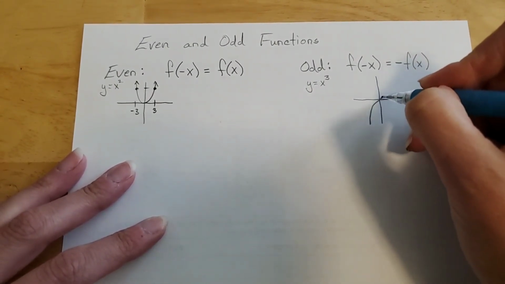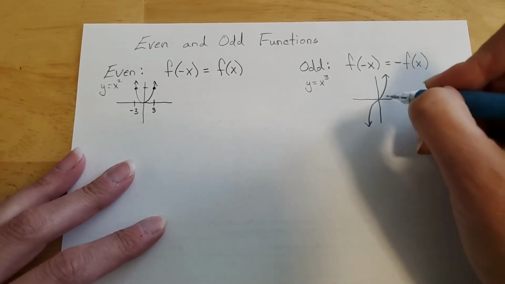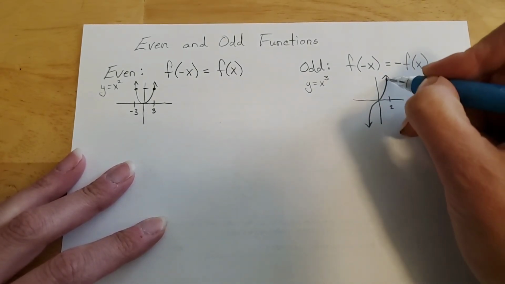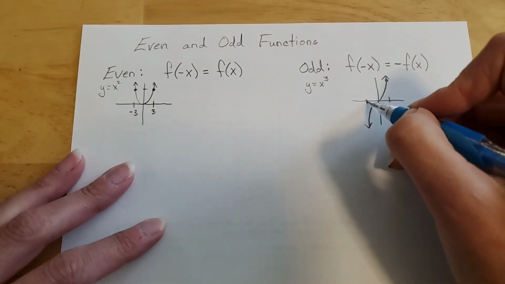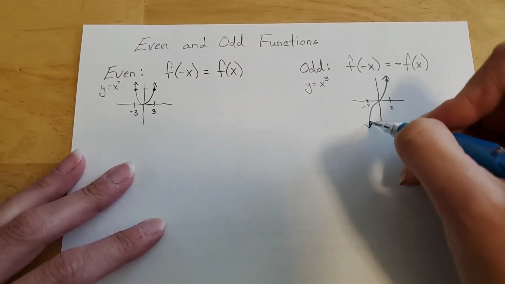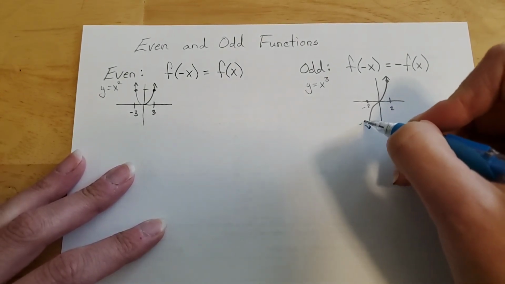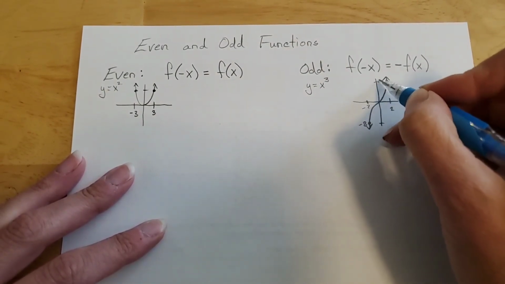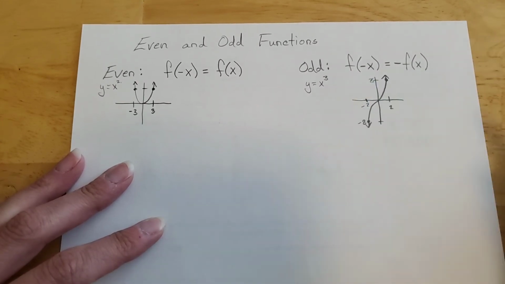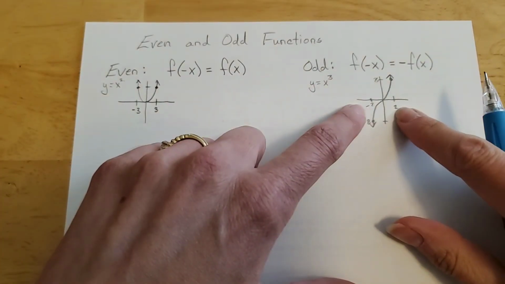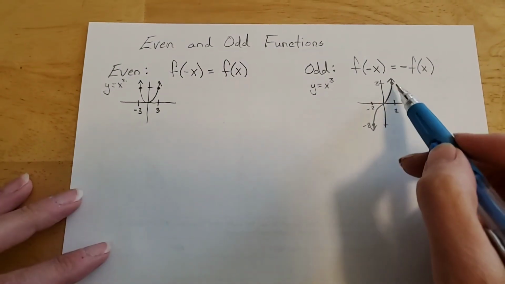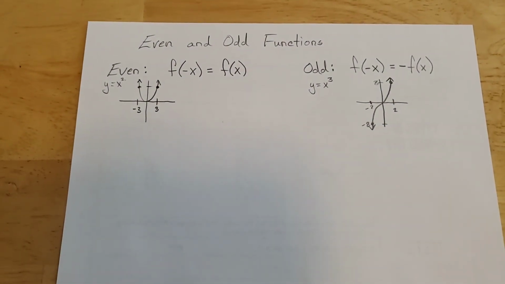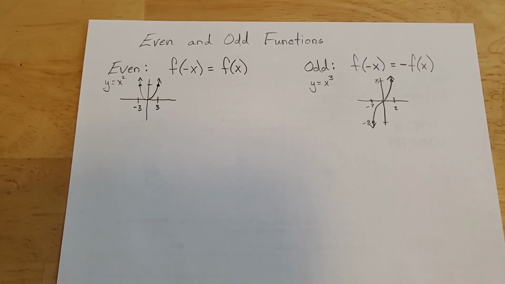Our nice cubic function: if you put in 2, you get an output of 8. If you put in the opposite, negative 2, you get the opposite output of negative 8. And so opposite inputs generate opposite outputs. And there's some symmetry there. That's a reflection about the origin. So that's odd and even functions.